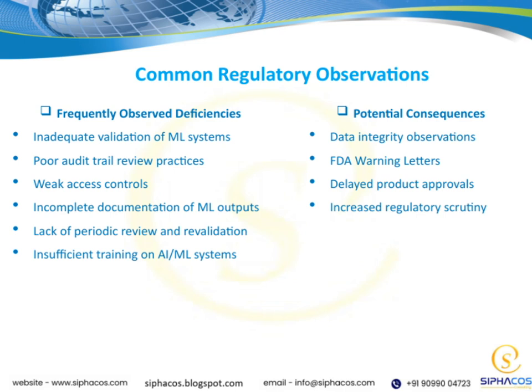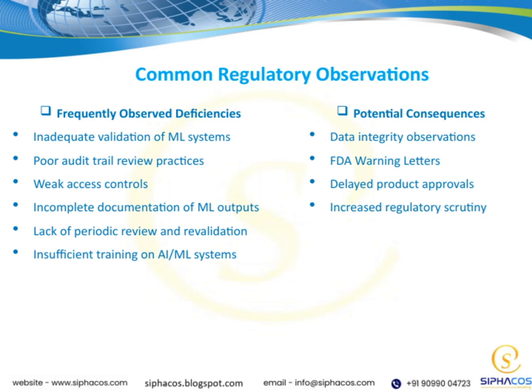First, we might see data integrity observations, meaning regulators or auditors could identify inconsistencies or inaccuracies in the data, which can undermine confidence in the entire system. This can lead to FDA warning letters, which are formal notices that serious issues have been found and must be corrected. Another consequence is delayed product approvals, because regulatory agencies may hold up the approval process until all concerns are resolved, ultimately impacting time to market and revenue.